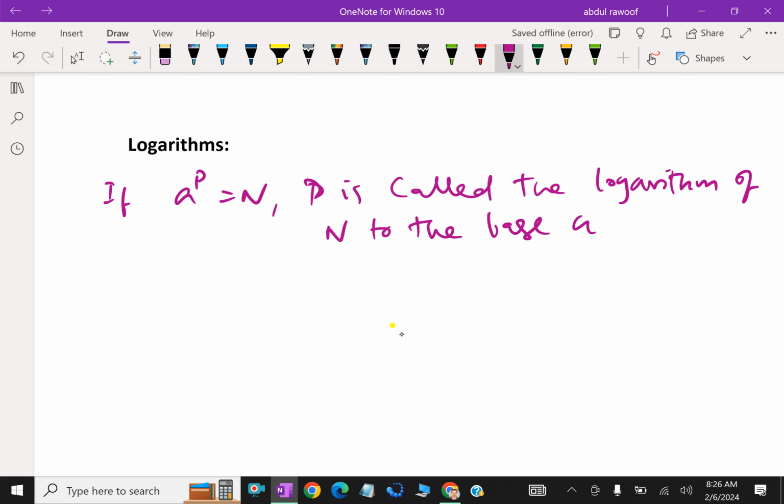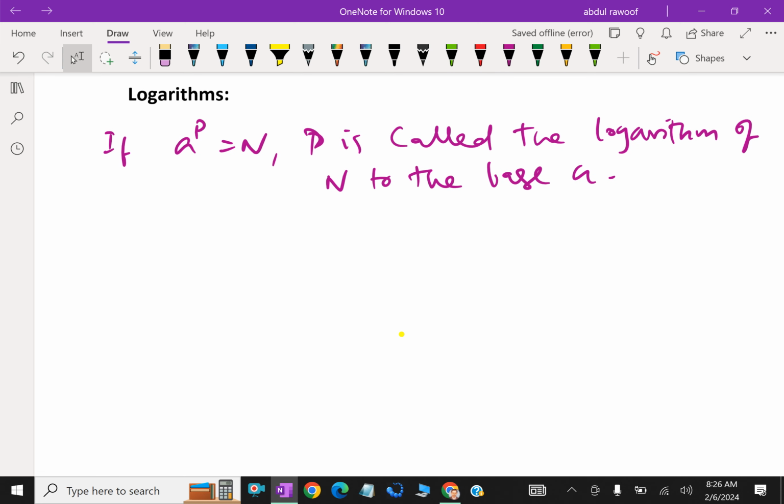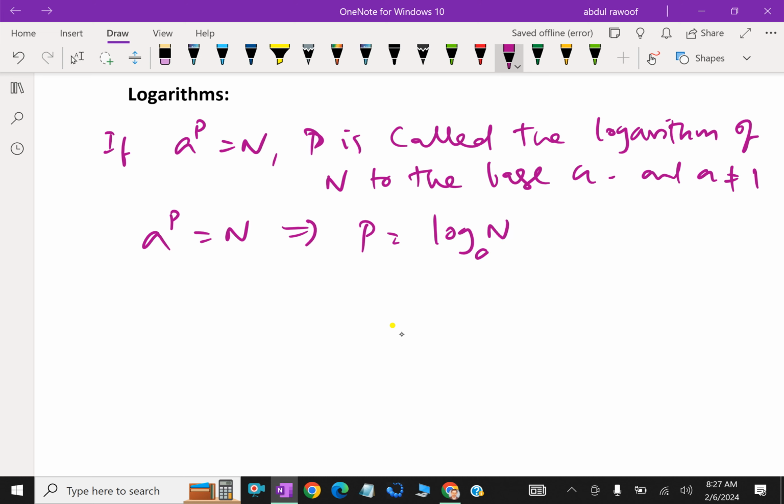The base a is part of the definition of logarithm, and a should not be equal to 1. Then you can say A power p gives n, so p is log of n base a.